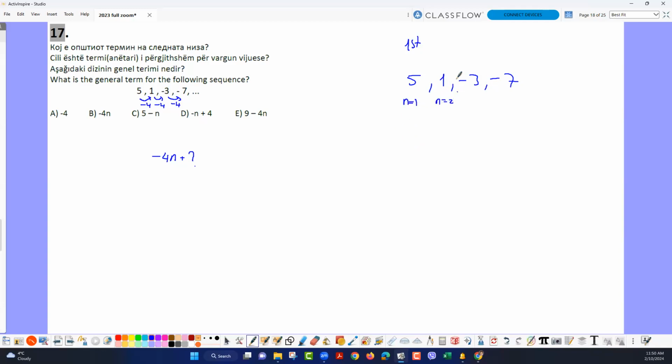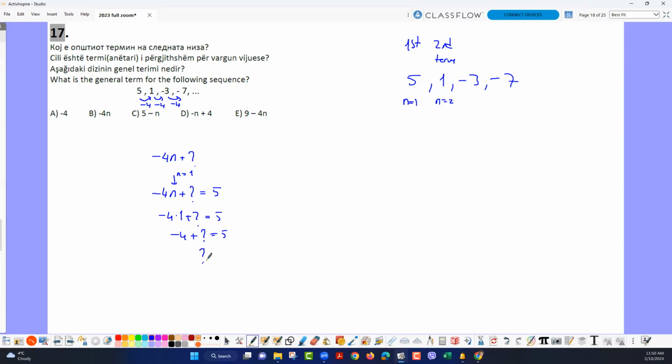When n is equal to 2, you can find the second term. So if I put the first term here, when n is equal to 1, -4 times n plus question mark is equal to 5. -4 times 1 plus question mark is equal to 5. -4 plus question mark is equal to 5.